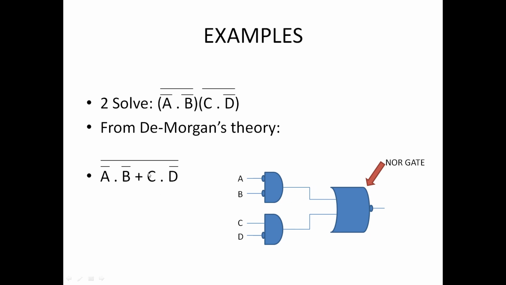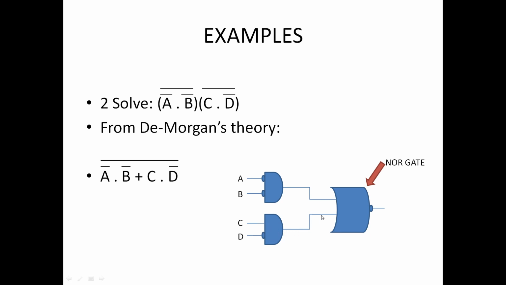Then looking at the other side, C and not D. We have C, an ordinary C, it's not negated by the small circle, so it maintains its form, C. It enters into an AND gate, because of the multiplication sign here. This is D, and then it gets negated and changes to not D. It also enters the AND gate. So C and not D.